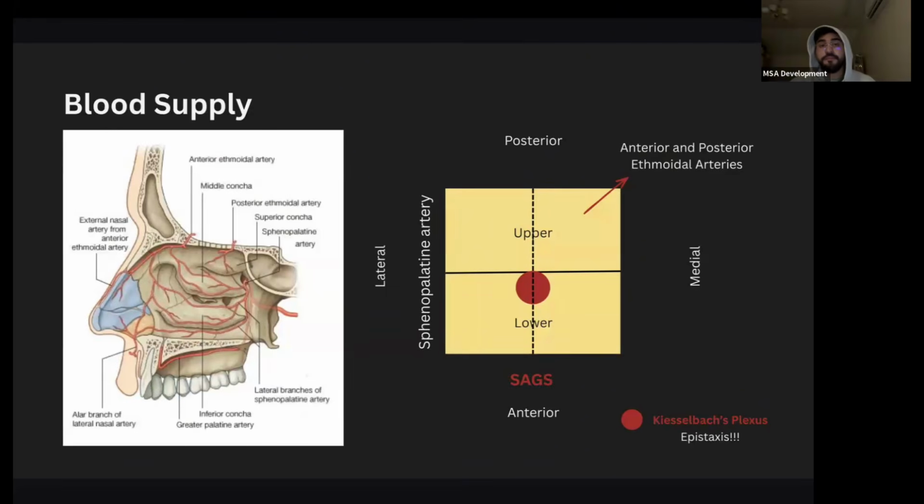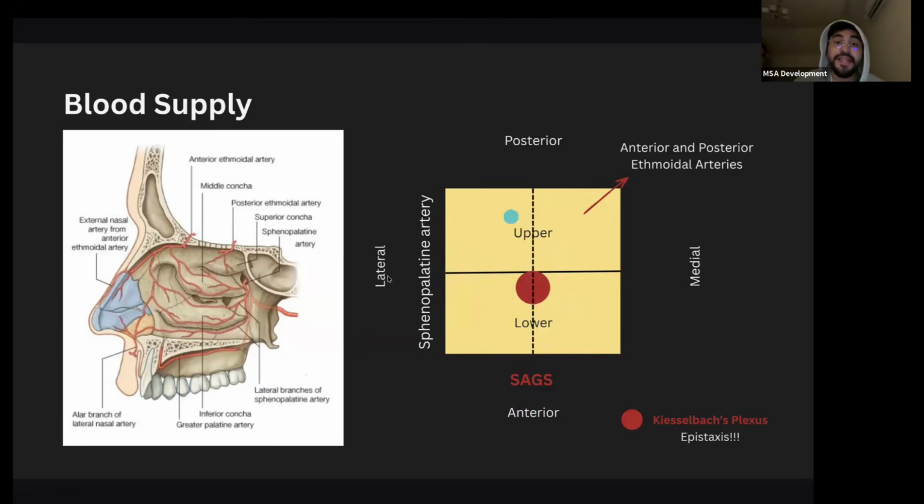Okay, the blood supply. Blood supply is very important to know, especially for your OSPE. So this is the nose. I've made this drawing. I divided the nose. This is your nasal septum. This is the upper part. This is the lower part of the nose. And right here, this red dot is your Kieselbach plexus.